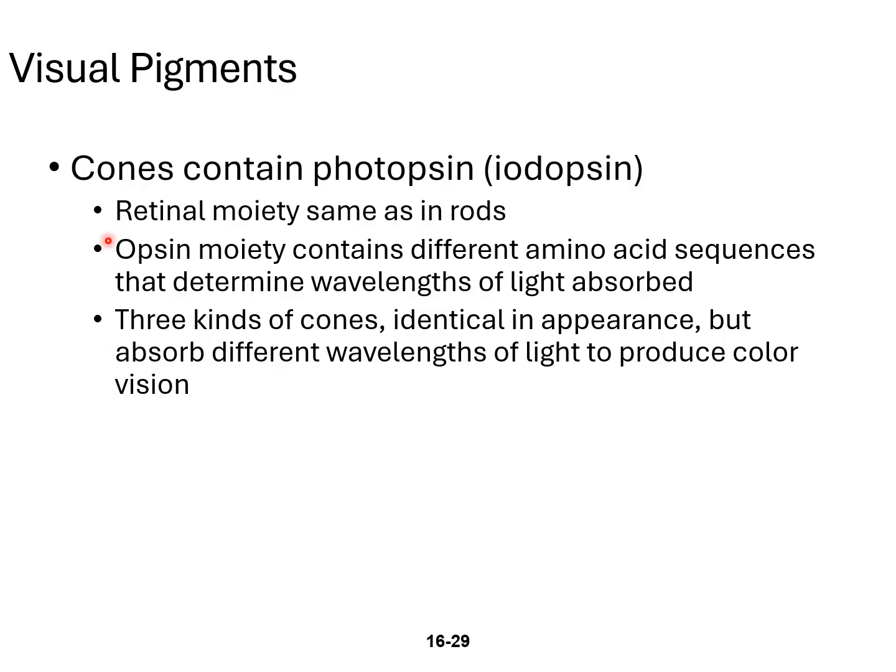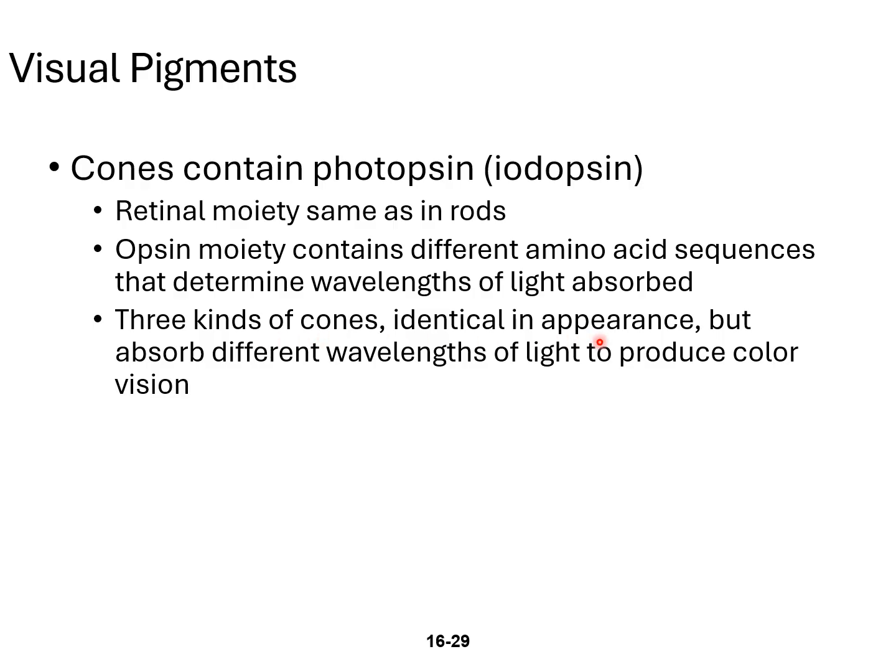Cones, on the other hand, contain photopsin. It's very similar to rods, but the opsin contains different amino acid sequences. Because it has different amino acid sequences, it can determine the wavelengths of light absorbed. That's why we can say there are 3 different types of cones.